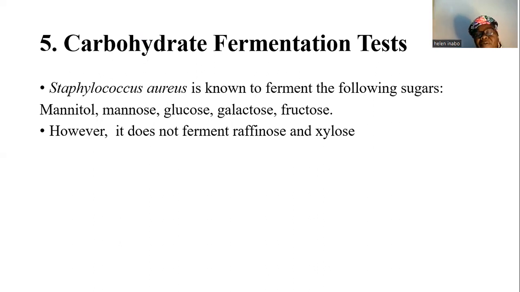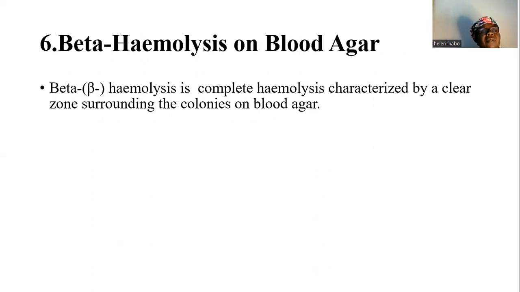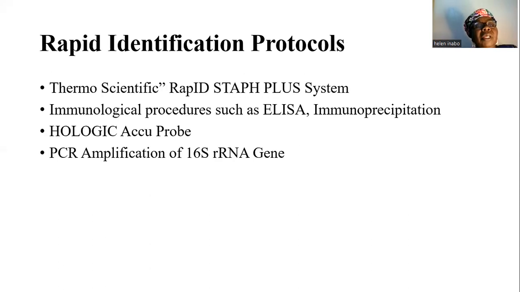However, it does not ferment raffinose and xylose. Another test which can be used is beta hemolysis on blood agar to identify Staphylococcus aureus. Beta hemolysis is complete hemolysis characterized by a clear zone around the colonies on blood agar.